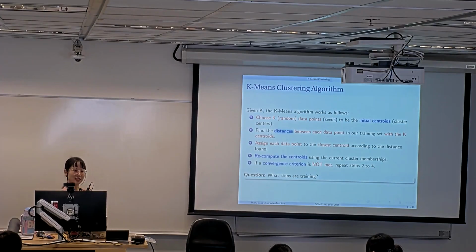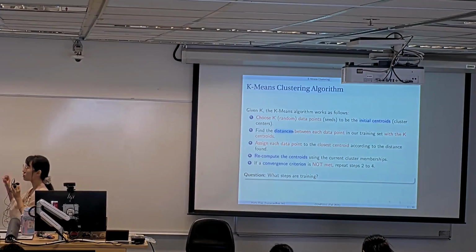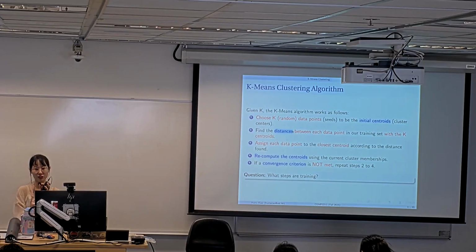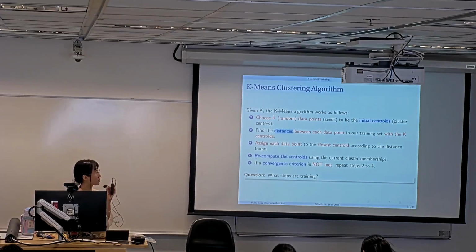K-means clustering can choose different distance functions depending on which types of data you are working on. Basically, the rules follow what we already talked about in KNN. In the KNN lectures, we introduced different types of distance functions and illustrated in which cases some distance functions are preferable to Euclidean distance. All of those conclusions also apply here. Basically, it depends on which type of data you are working on.